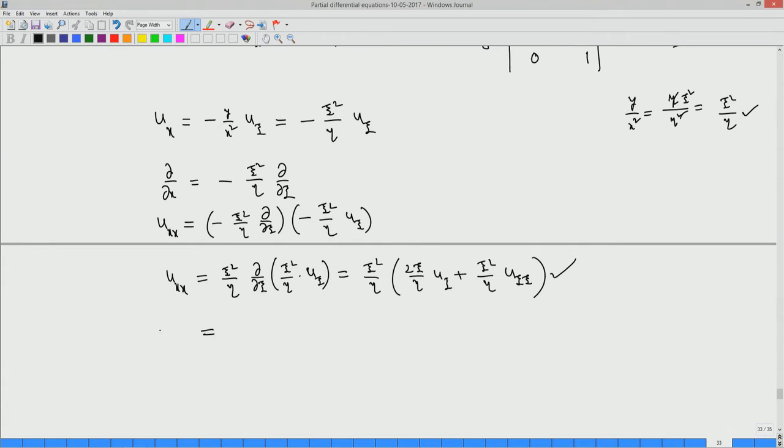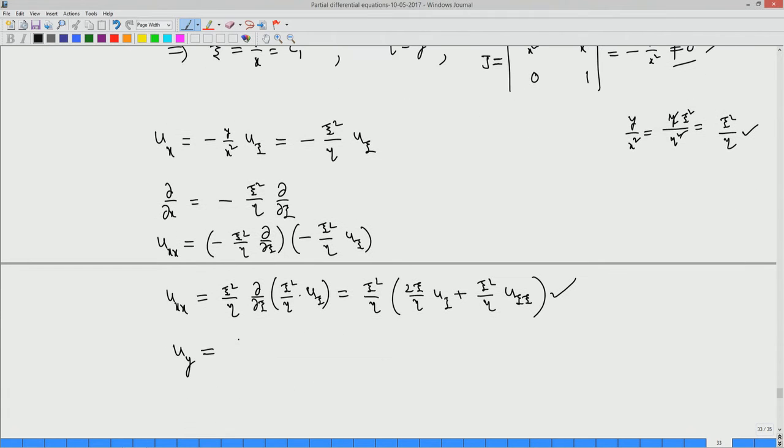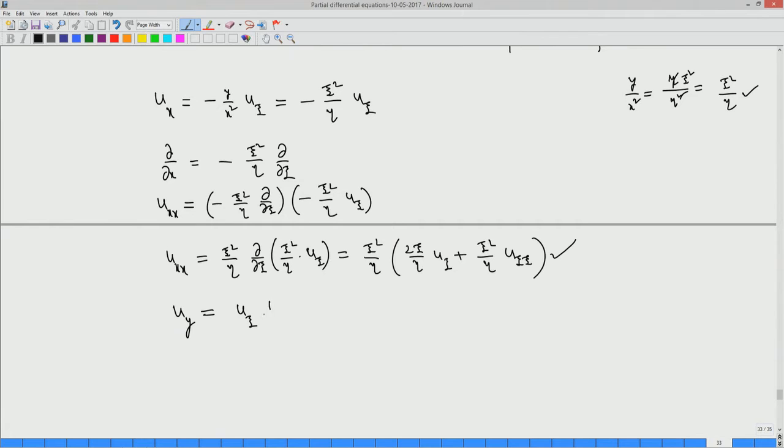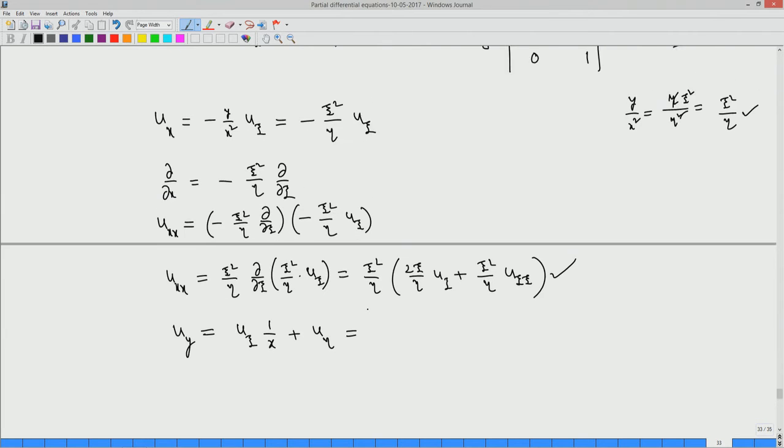Now, you want uy and uxy. So, you calculate uy. Uy is u xi into xi y, plus u eta into eta y. Xi y is 1 by x, and eta is y, so eta y is 1. So, you need 1 by x.